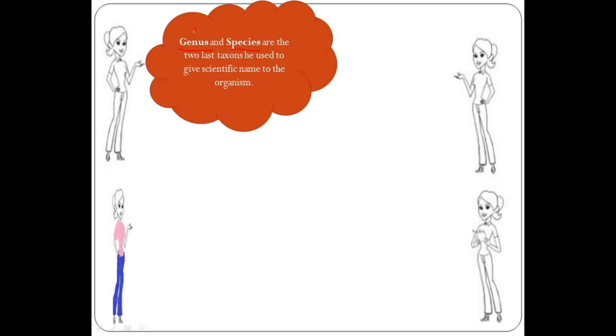As we know, genus is 6th and species is the end, the 7th taxon. For example, the scientific name of humans is Homo sapiens. Here Homo is the genus name and sapiens is the species name.